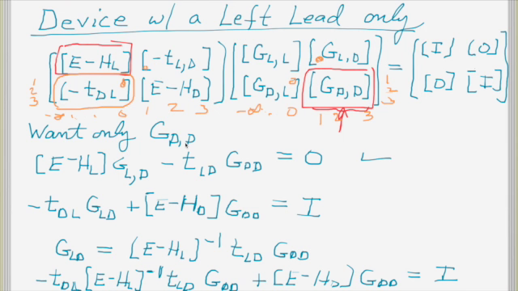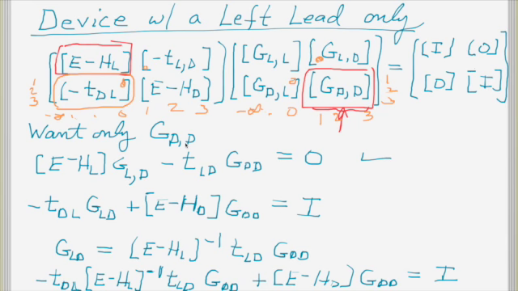Right, so we started on chapter 2 last time, and we started talking about the general structure of this Hamiltonian, where you have a device part connected to the semi-infinite lead part. And the device part is this little 3 by 3, and that's the part you need to calculate.